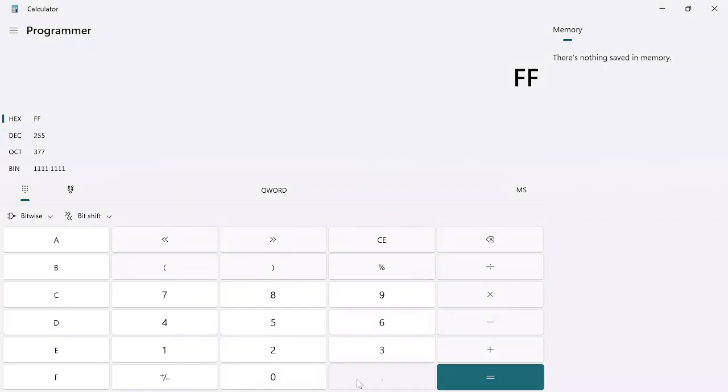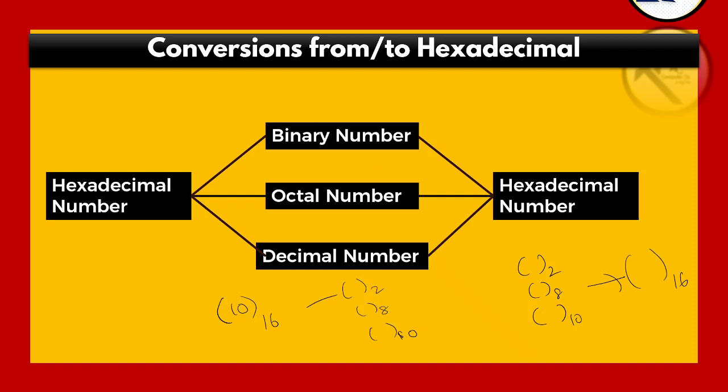Let's see in our calculator before we understand the manual procedure. I write 10 here, having selected hex. This is 10 in hex, equivalent to 20 in octal, and this is the binary code. But what quantity does it represent? 16, right? That we will understand when we become familiar with the counting process of hexadecimal numbers.